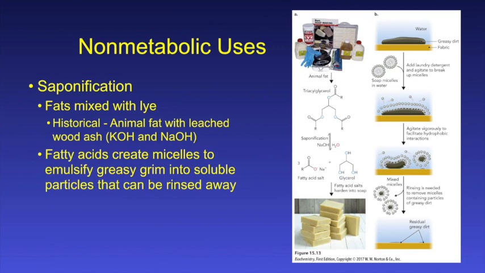Do you know what lye is? It is a form of sodium hydroxide. And what you do is you break the fat down, breaking the ester bond, using the hydroxide, and you get the fatty acid linked to the sodium ion, and you create soap.